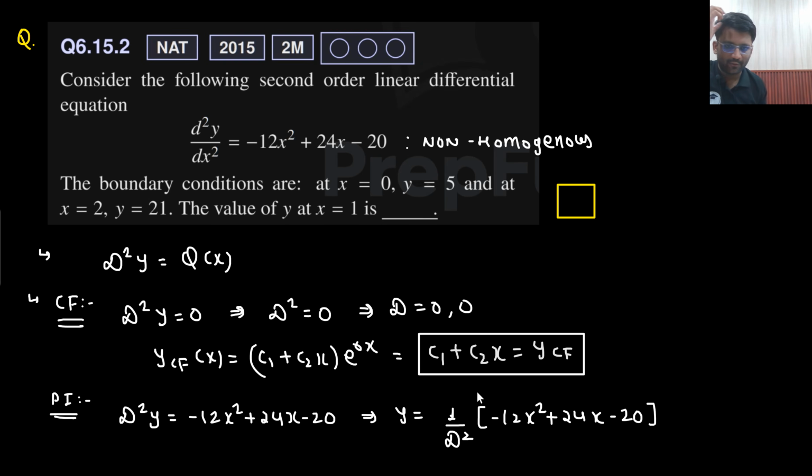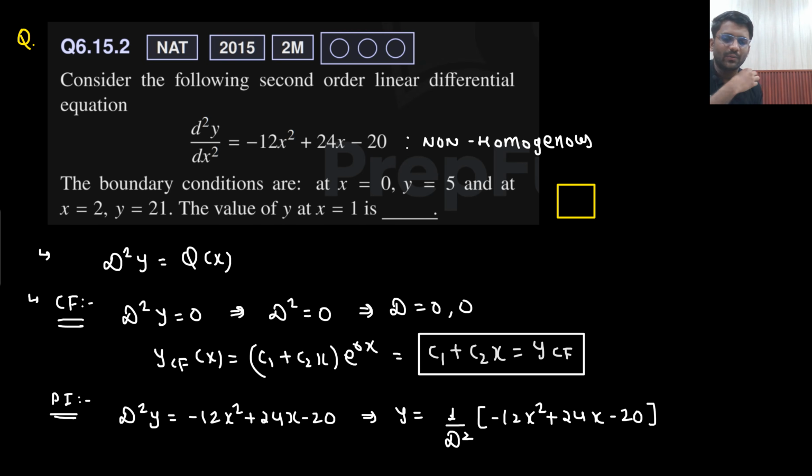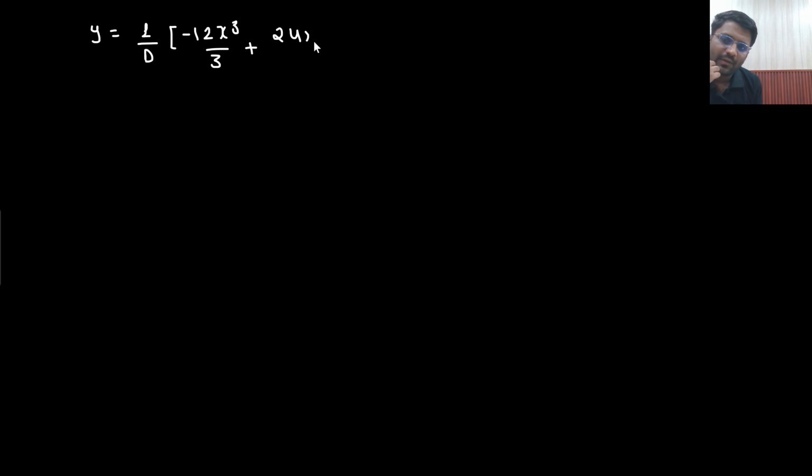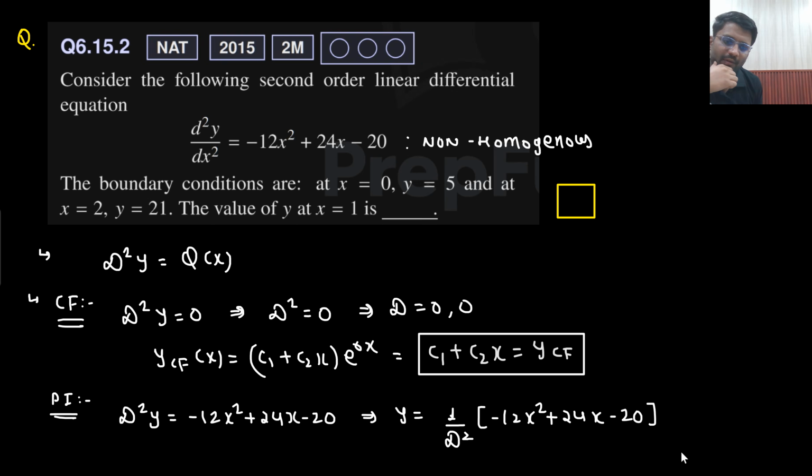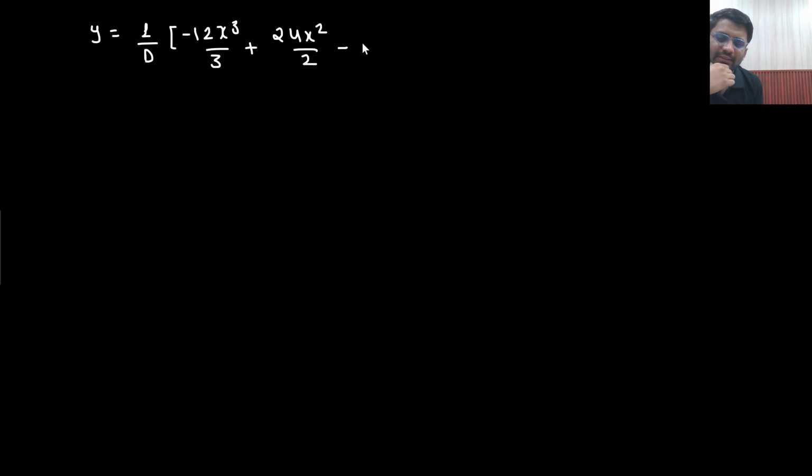Y equals, I will simply integrate it 2 times. So 1 by d, 1 time I will integrate, then what will I be getting? If you integrate it for the first time, then you will be getting minus 12 x cube by 3 plus 24 x square by 2 minus 20x plus c.